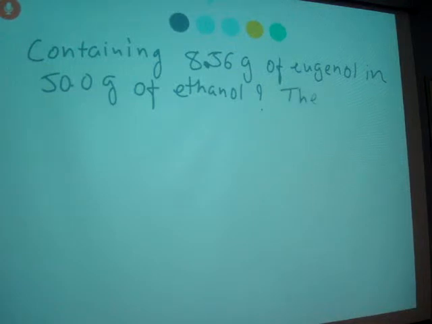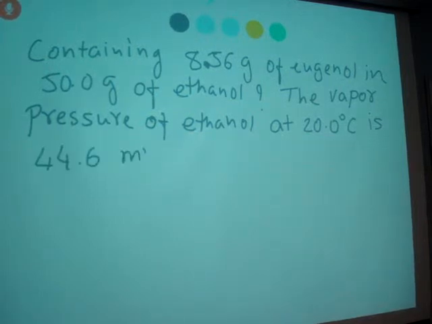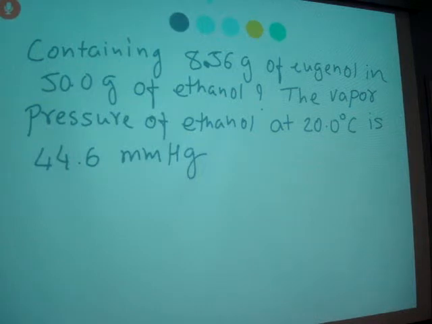Now the vapor pressure of ethanol at 20.0 degrees Celsius is 44.6 millimeters of mercury. Alright, so we need to find first the moles of solute, moles of solvent, total moles, and then the mole fraction.